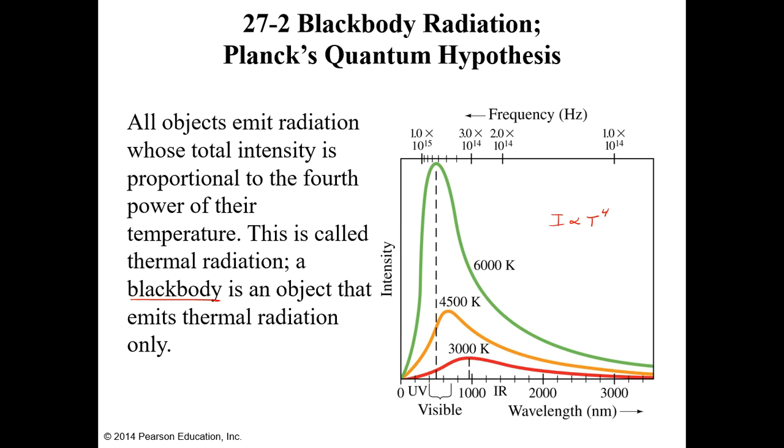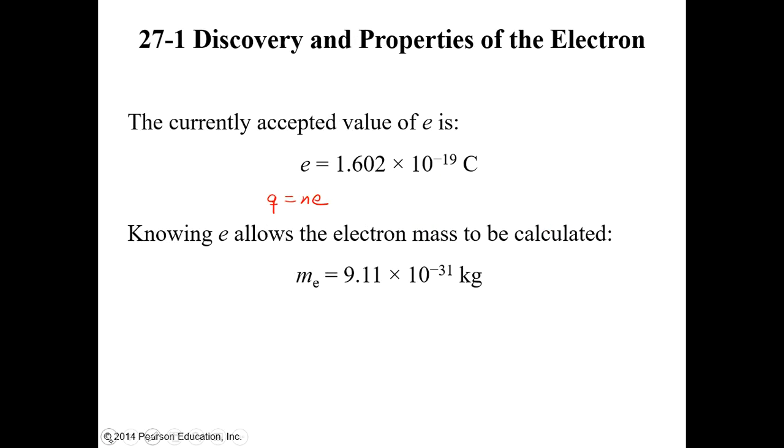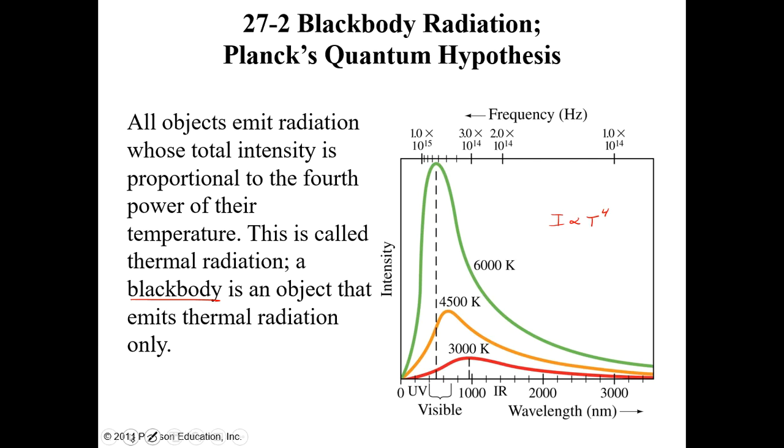That's not really the point we want to get to. The point we want to get to is that this caused some issues when it came back to the charge of electrons and this early quantum theory stuff.